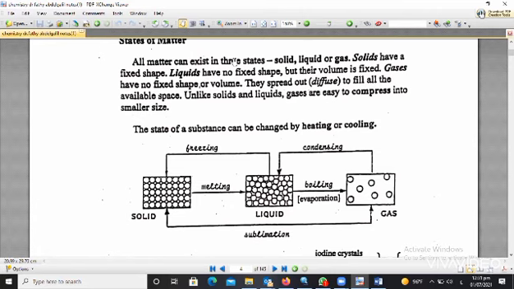Let's open a new whiteboard and try to talk about solid, liquid, and gas.